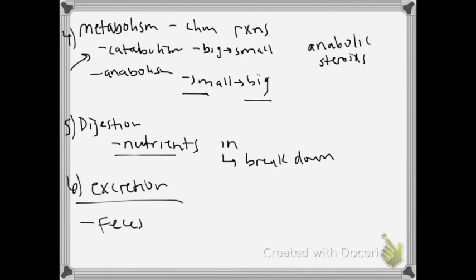Humans have feces, but this isn't the only waste that we have. So CO2, carbon dioxide, that's a waste product from cellular respiration, so you breathe out CO2. And then urine is a good way to get rid of nitrogenous compounds, so this is another way of excretion.